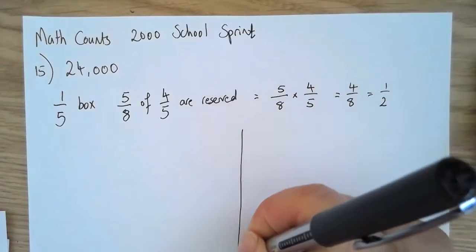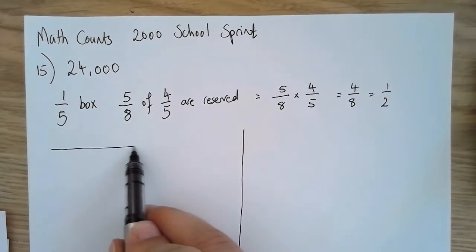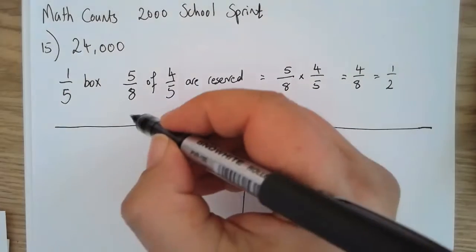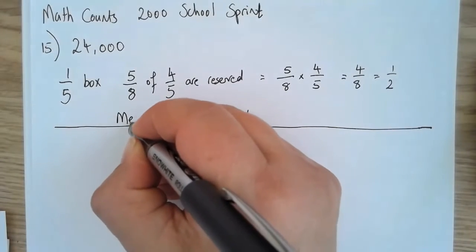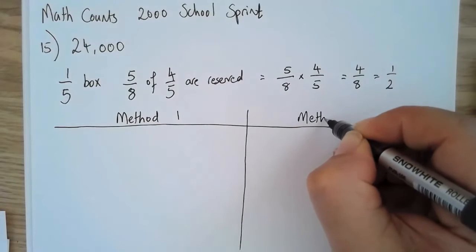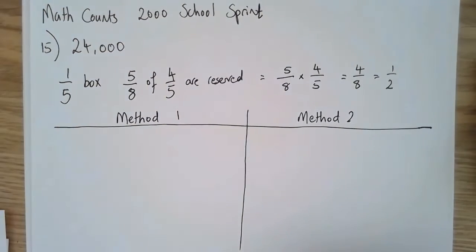Now, I see two ways to do this. There is possibly the way that your math teacher would like you to do it. You can decide which one you prefer.